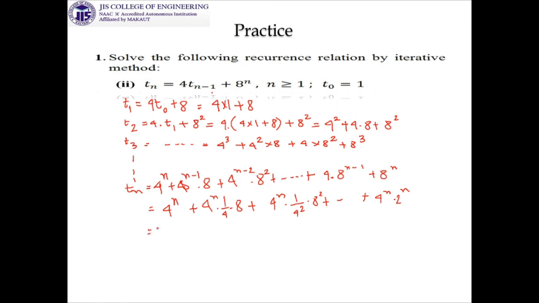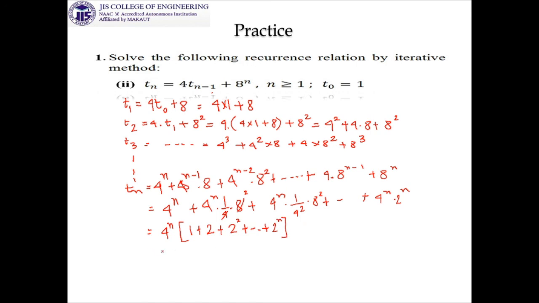Next, we can take 4 to the power n common from it, and what we get is 1 plus 8 by 4, that means 2, so it is 1 plus 2 plus 2 square plus dot dot dot plus 2 to the power n.